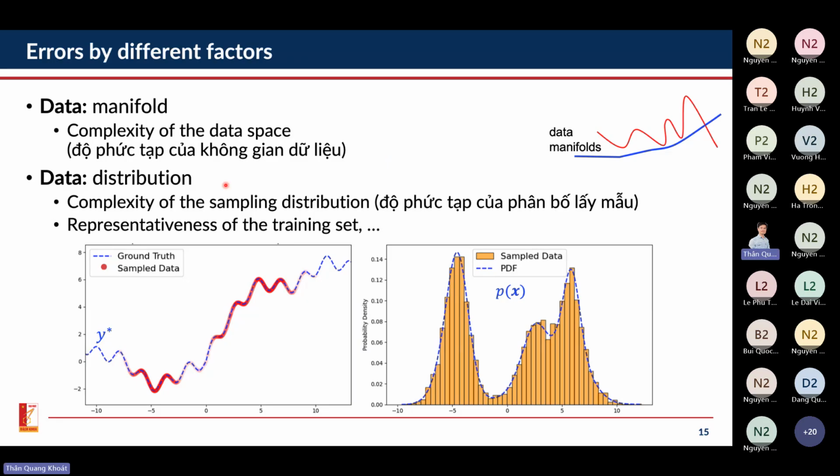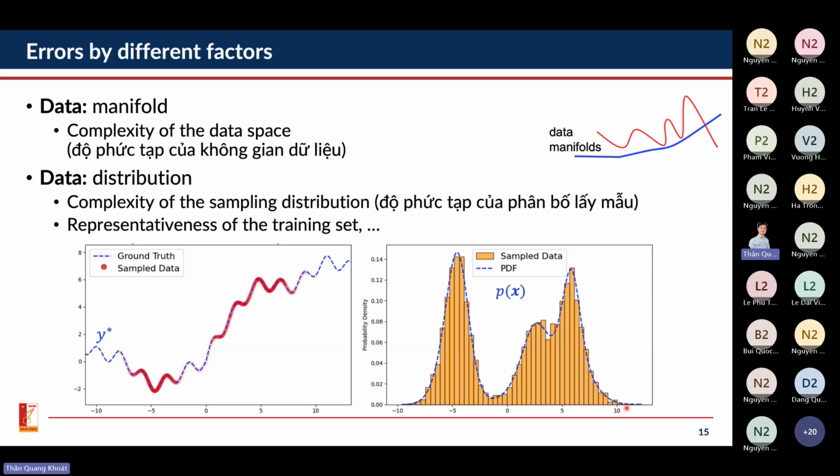And another thing is the data distribution, right? The way we collect the data. Sometimes the way we collect can be complex, right? For example, like this. We collect many points here, many points here, and many points here, but sometimes here are very few, for example. So in this case, the data distribution can be complex, right? And sometimes the training sample can be non-representative of the whole space.